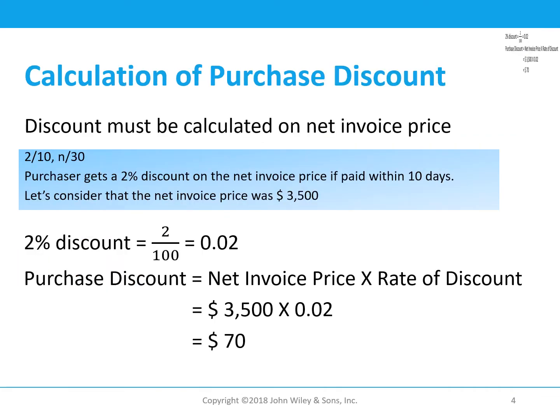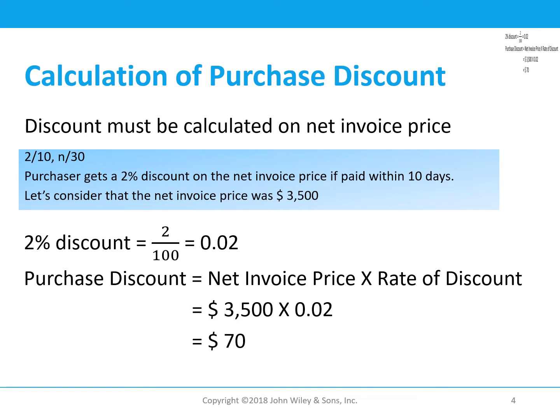Before getting into an example of purchase discount, it is very important that you know exactly how to calculate purchase discount. First of all, you have to remember that discount must be calculated on the net invoice price. In order to explain the calculation, let's consider a credit term 2/10 net 30, which means the purchaser gets a 2% discount on the net invoice price if paid within 10 days.